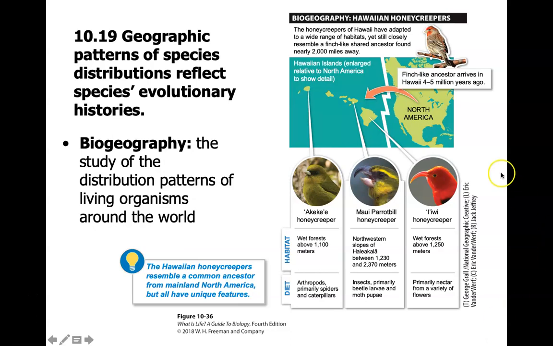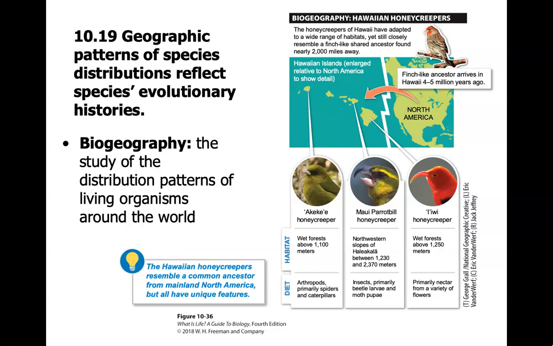In this example, we've got Hawaiian honeycreepers. It's believed that there was a finch-like ancestor from North America that made its way to the Hawaiian Islands. And by looking at similar features of honeycreepers on the different islands, you can see how they are related, and you can also see where their common ancestor came from.